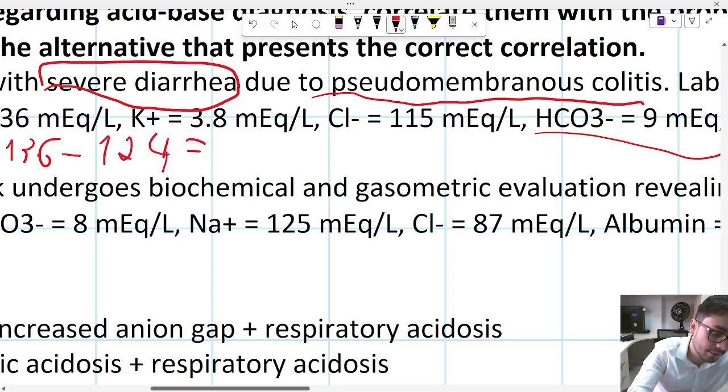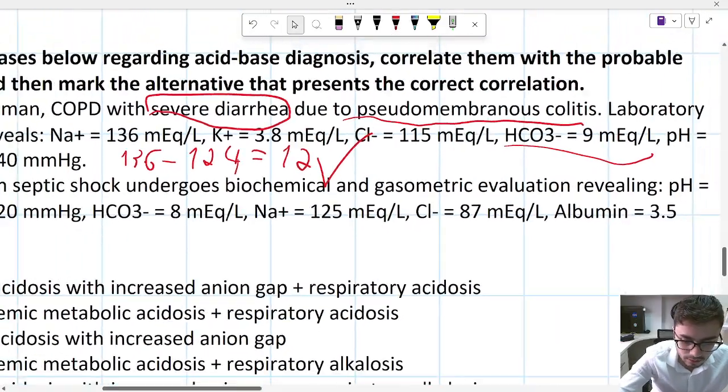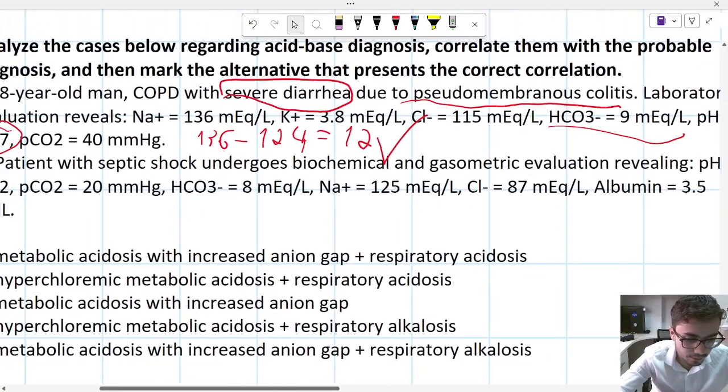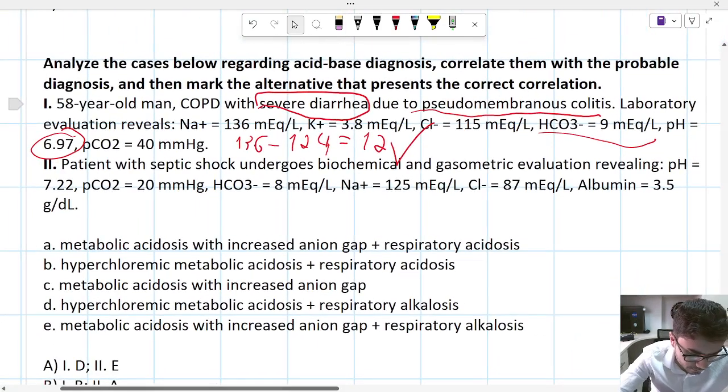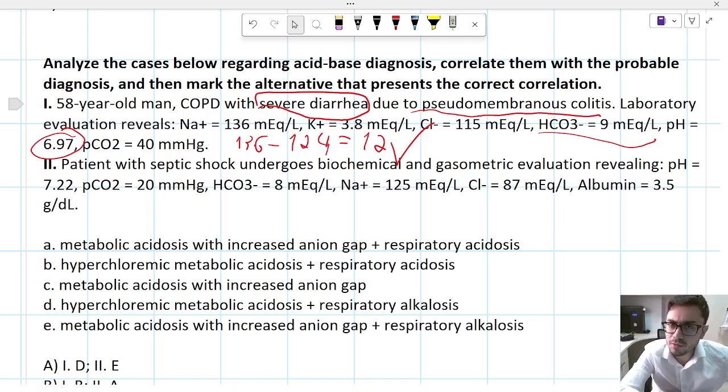So the anion gap here will be equal to 12. Okay, so it's normal, a normal anion gap, because he has diarrhea, okay? If we were in a rush in a test, we could just think that it was normal, okay?